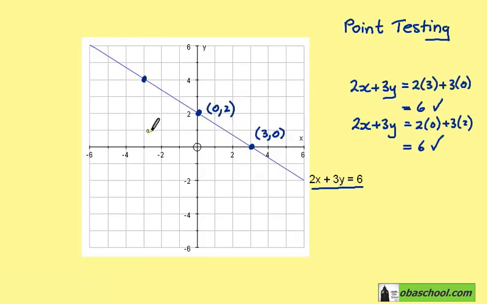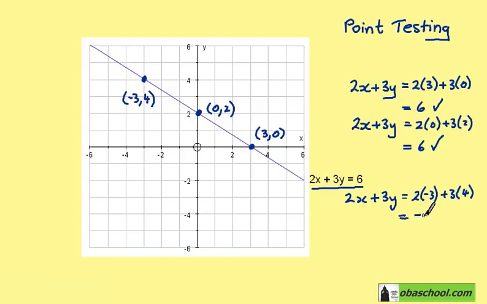Here we have the point (-3, 4). X is minus 3, y is 4. So 2x plus 3y will become 2 times minus 3 plus 3 times 4.